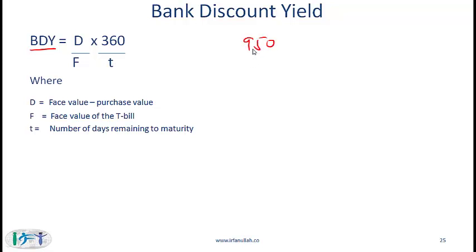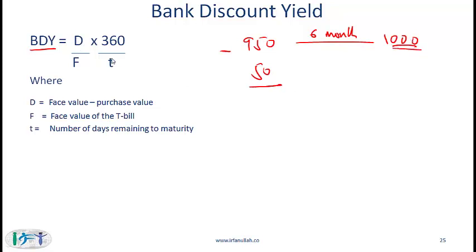So this is how much investors pay for the bond, and the face value is 1,000, which means that after 6 months, assuming this is a 6-month T-bill, the investor will get 1,000. What is the bank discount yield on this instrument? If we use this formula, the discount is 50. That is the discount relative to the face value.